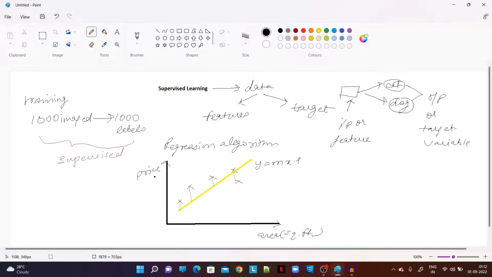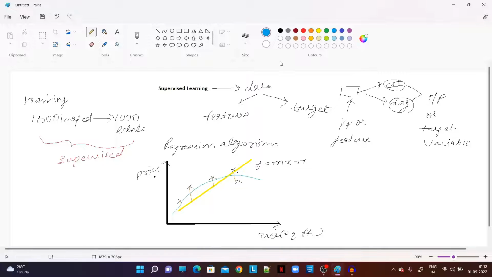But we see that this is not a perfect fitting. What if we have some other kind of fitting? Instead of using a straight line, can we have a fitting like this? Not this, sorry, my drawing is very bad. So if you see, this is a curve, also called quadratic, a second degree curve.